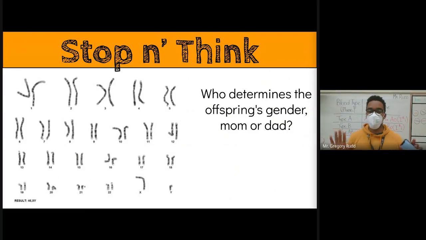All right, so let's just stop and think a little bit deeper. So if we really think about this, who is going to determine the offspring's gender, mom or dad? Or the offspring's sex, that should say. I'm sorry. The offspring's sex. Mom or dad? Why do you say mom?